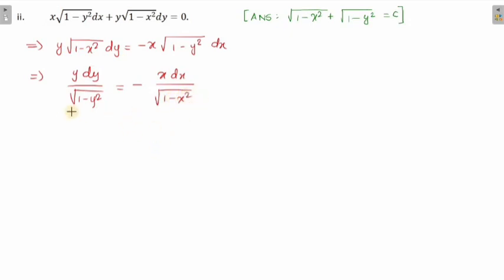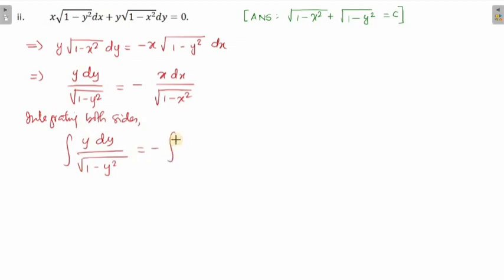Okay, now integrating both sides. So let's see how much do we get if we integrate both sides. So you get here integral y dy by root over 1 minus y square is equals to minus integral x dx by root over 1 minus x square.